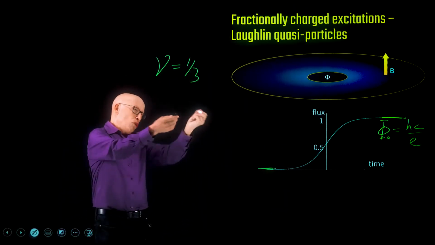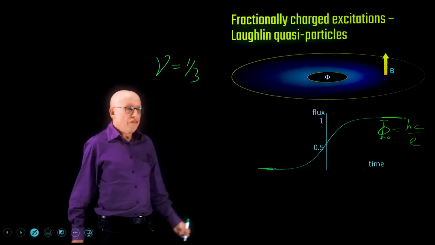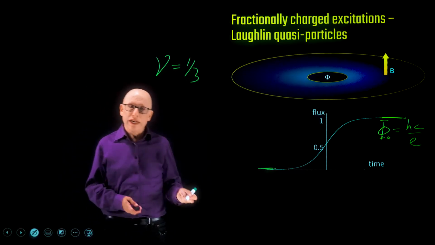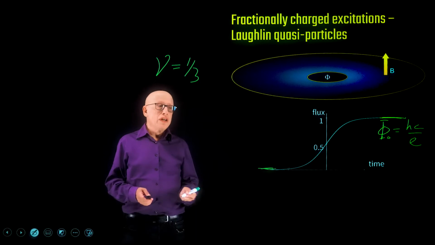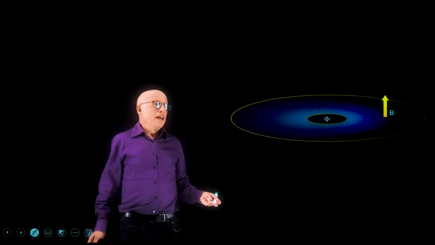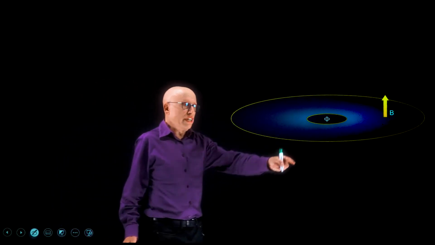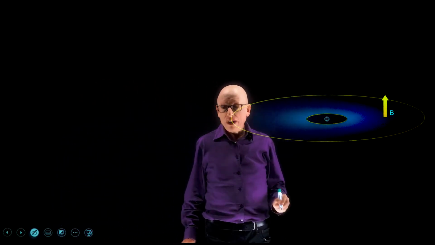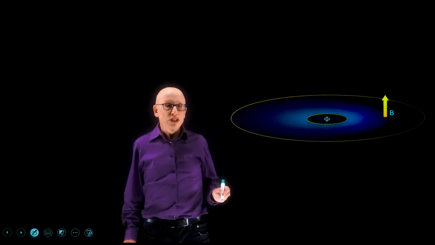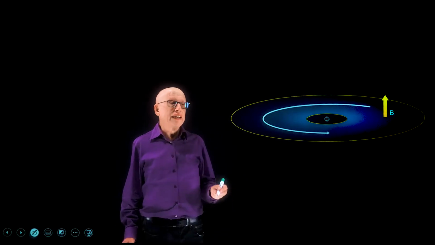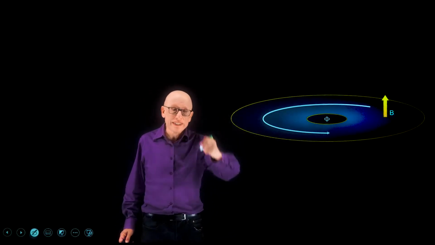Now, let's look at this experiment from a classical and a quantum mechanical standpoint. So classically, classical physics knows only about forces. So when we change the flux as a function of time, we generate an electromotive force which is azimuthal.